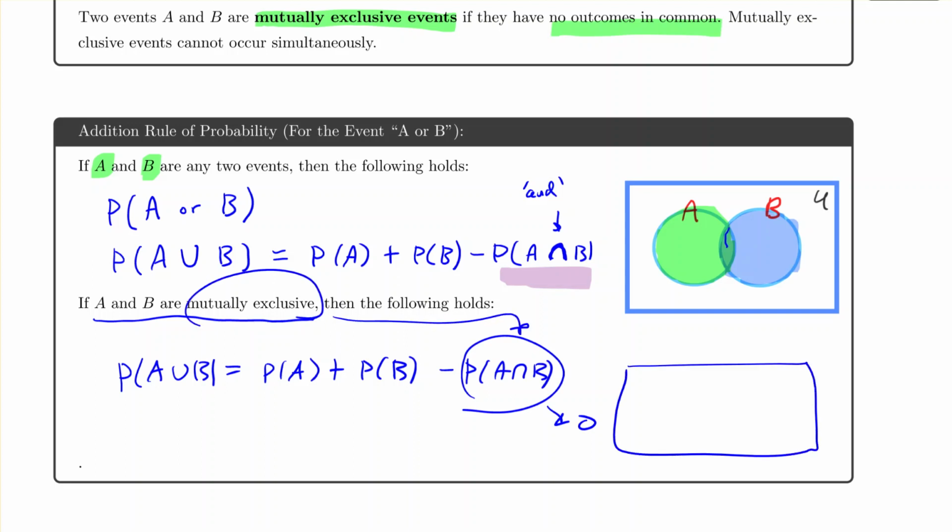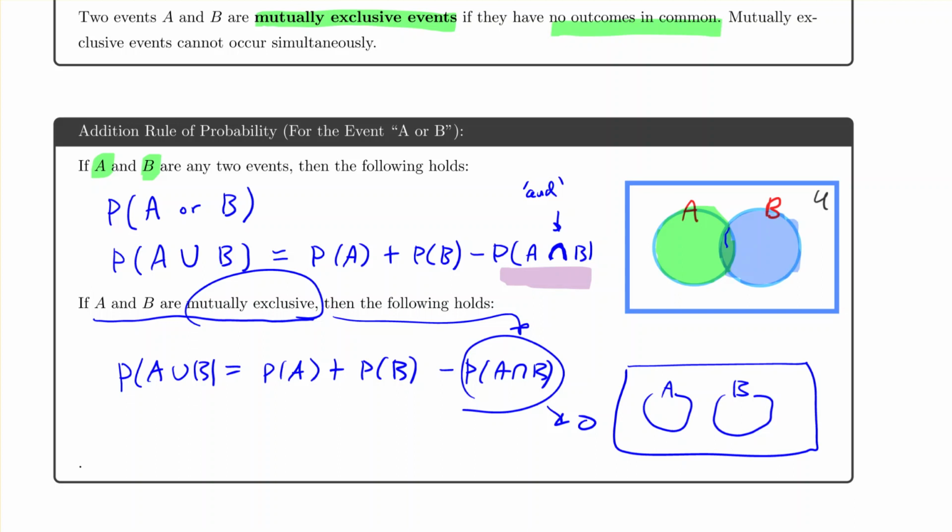If I draw another Venn diagram, there's disjoint or mutually exclusive. They don't have anything in common, so we don't have to subtract any overlapping part. So it is important for us to distinguish when we solve a problem with the addition rule: are they mutually exclusive or not?